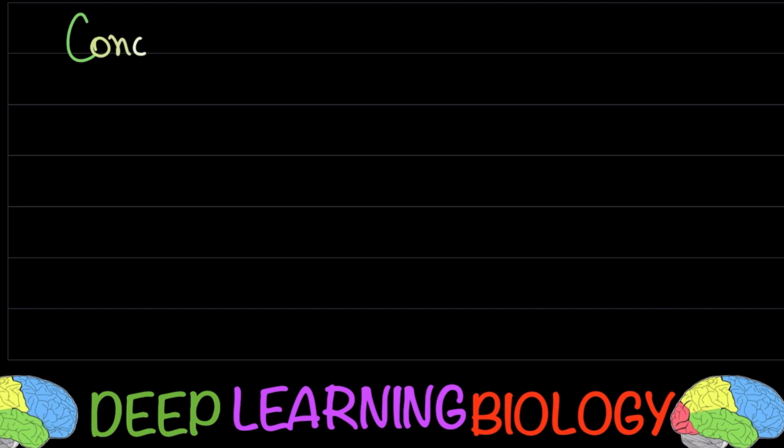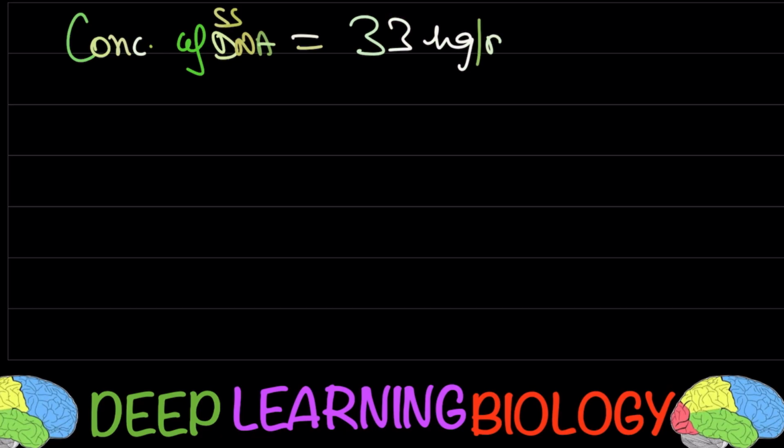Concentration of DNA for single stranded DNA equals 33 microgram per ml multiplied by dilution factor multiplied by absorbance at 260 nanometer.